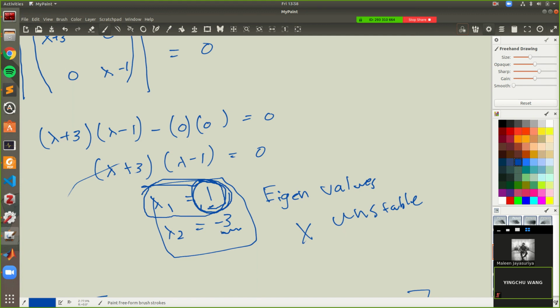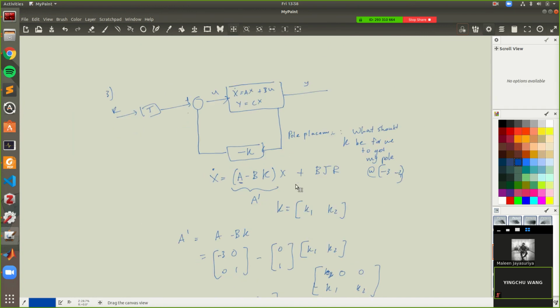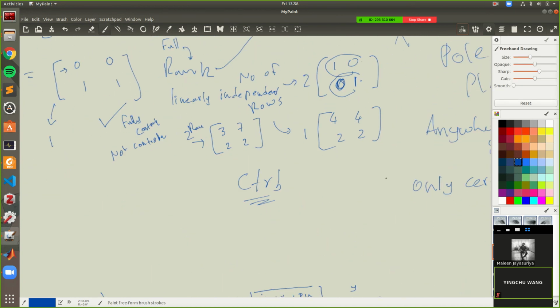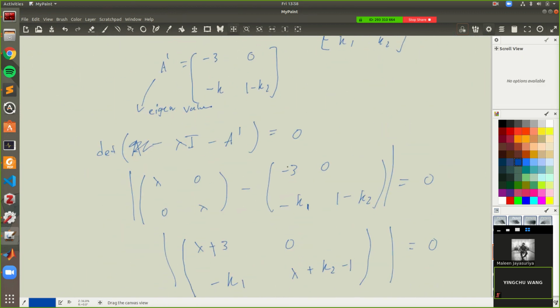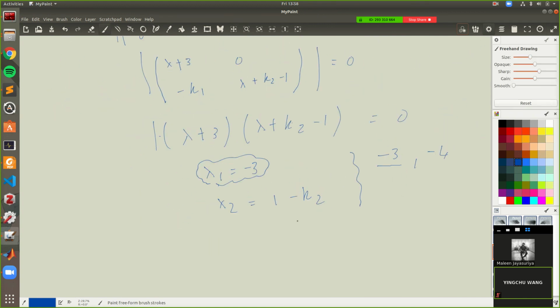We don't worry about this minus 3 because it's already on the negative side. But remember, if a system is generally uncontrollable, you can't place all the poles that you want. Lucky for us in this question, one of the poles is already negative, and the one we want to control is the one here.